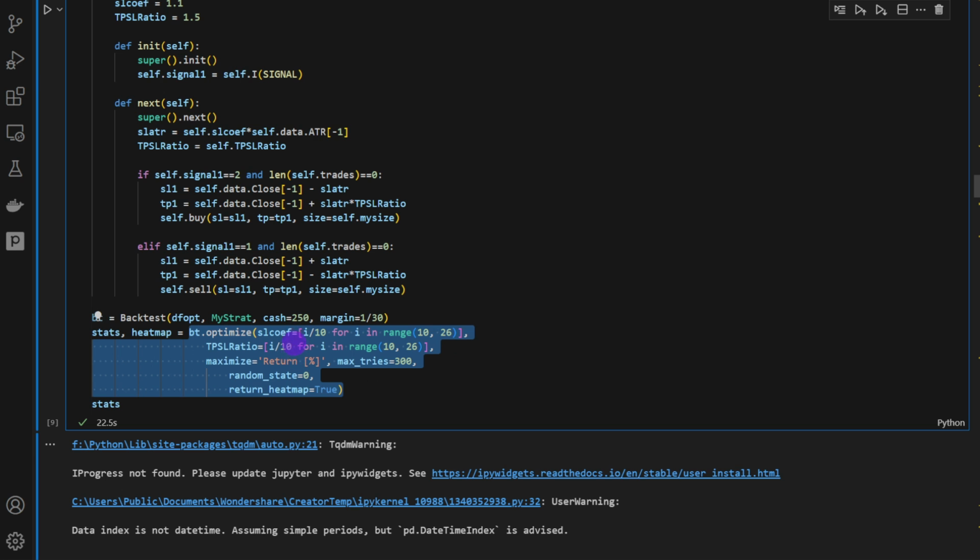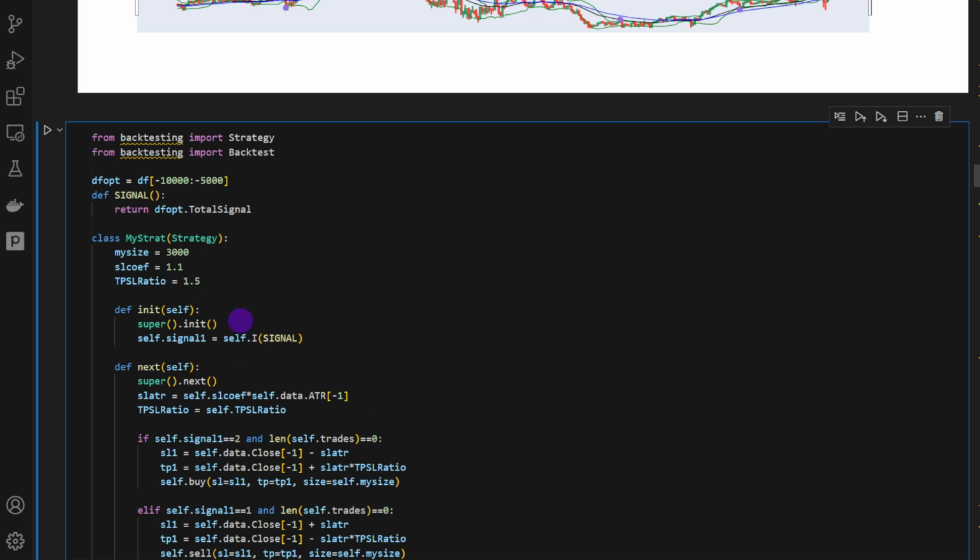I'm just passing a grid style for searching for the best parameters for the take profit stop loss ratio, so the risk reward ratio somehow, and the stop loss coefficient, which is the stop loss distance based on the ATR distance. We're taking the ATR times this coefficient, and this is how we define our stop loss that takes into account the volatility of the market.